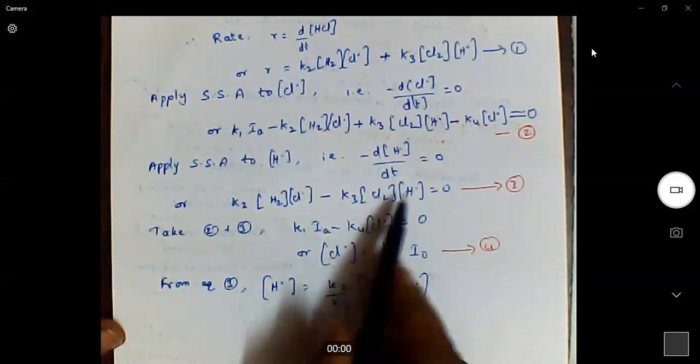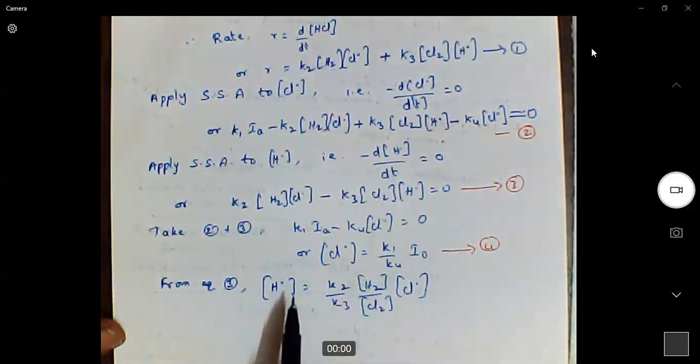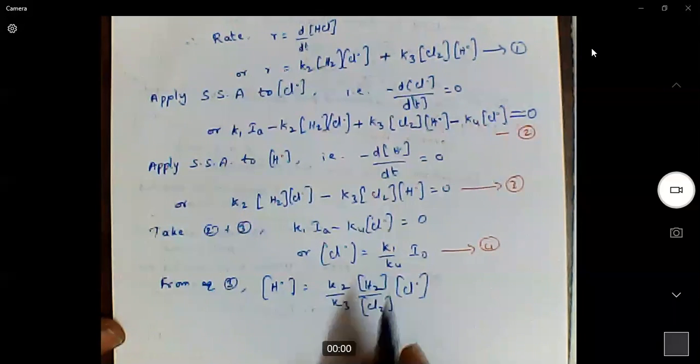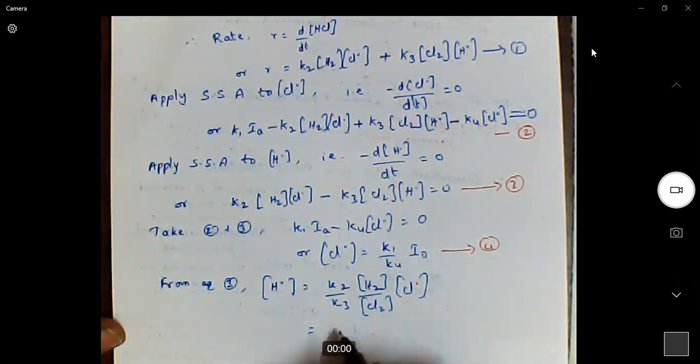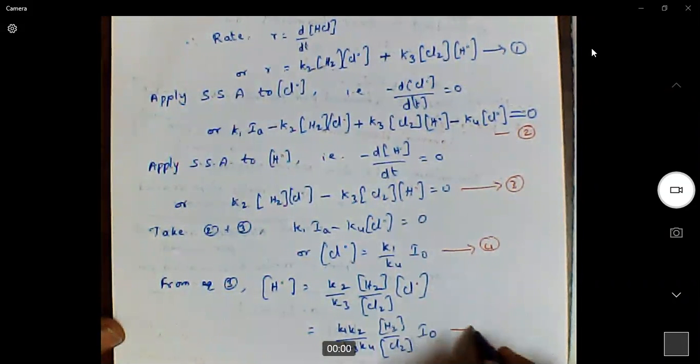Now we know the Cl radical concentration, so substitute it here. You will get K1 K2 by K3 K4, H2 concentration by Cl2 concentration, into I naught. So this is the H radical concentration.